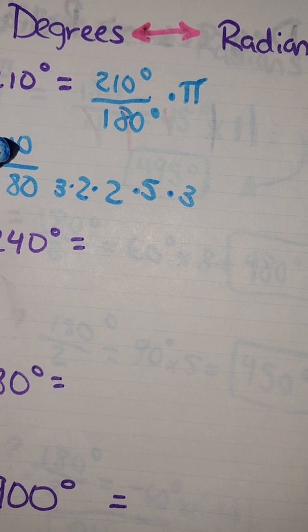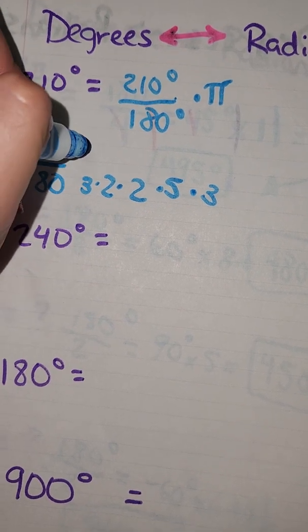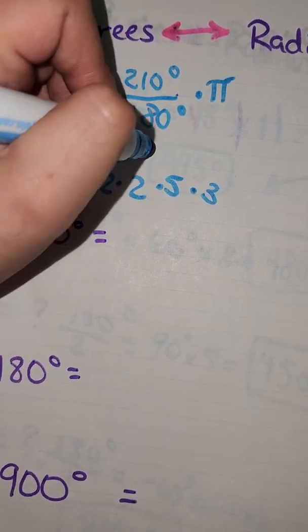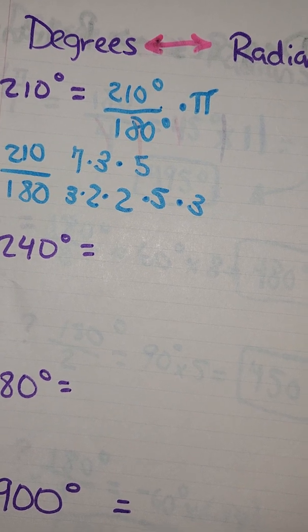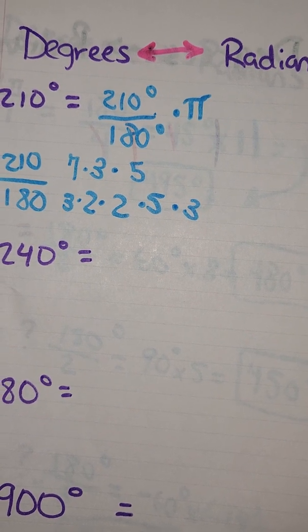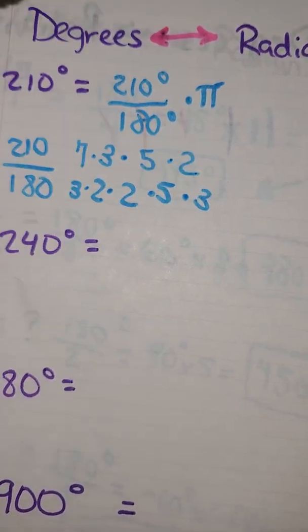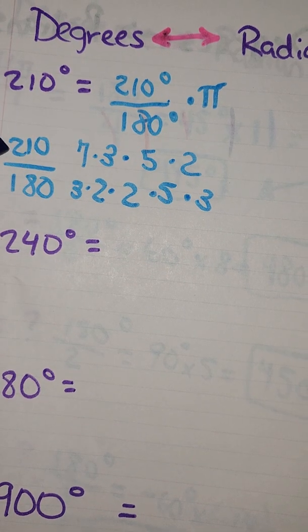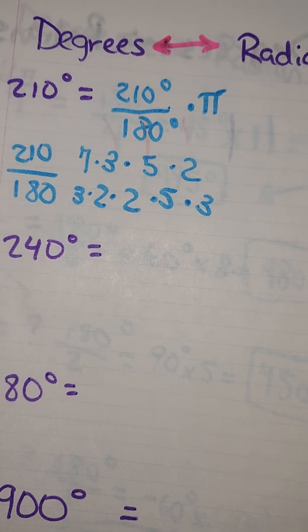Now 210, we have to find the factors of it, which is 7 times 3 is 21. 21 times 5 is 105, times 2 equals 210. So 7 times 3 times 5 times 2 is equal to 210. 3 times 2 times 2 times 5 times 3 is equal to 180.